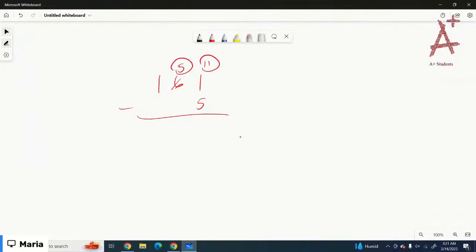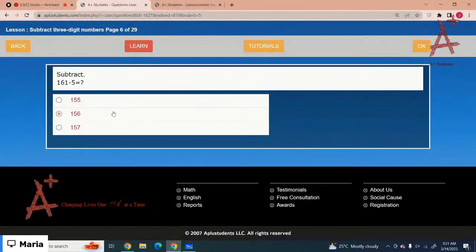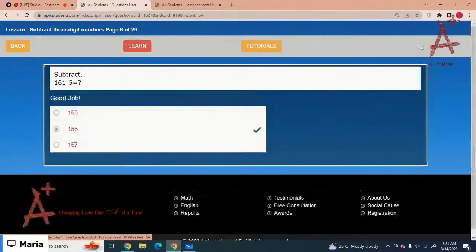Got it? 11 minus 5 is 6. Write down 5 as it is and 1. That means 161 take away 5 equals 156. So the correct option is 156. Just select the correct option, then click on the OK button.